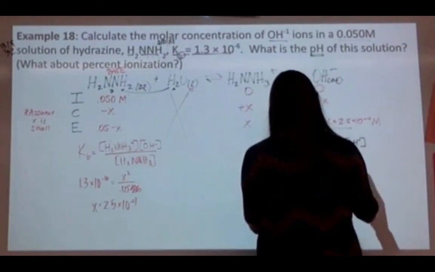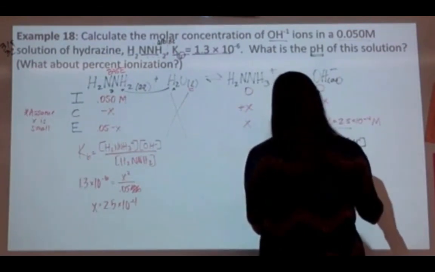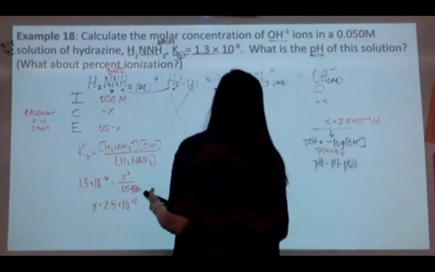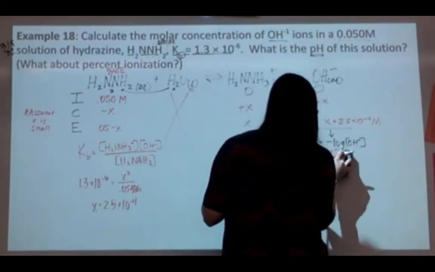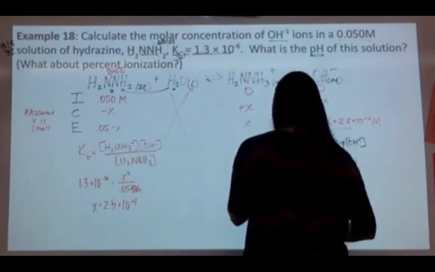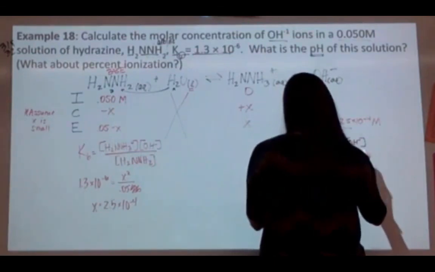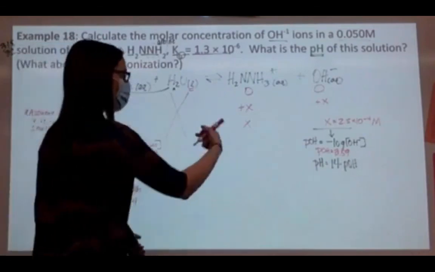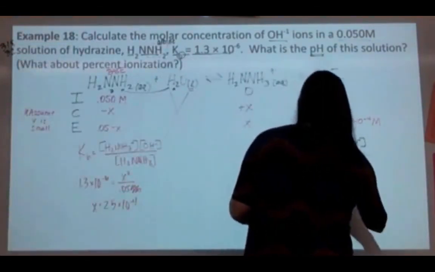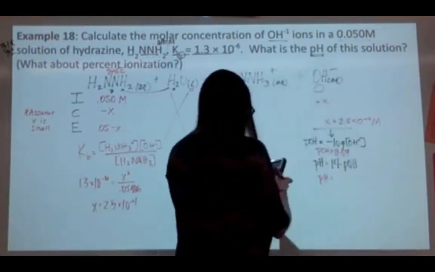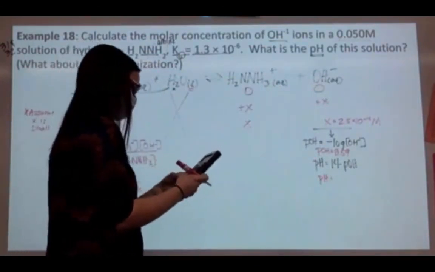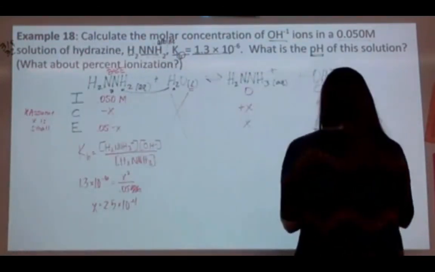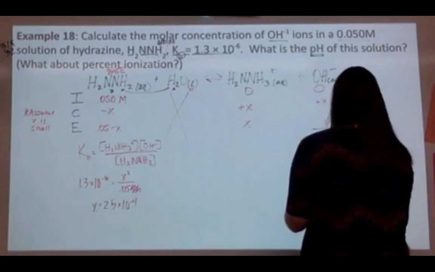Here's where labeling becomes very important. Oh wait, 2 sig figs means 2 decimal places. So 3.59. This is where writing this has now become helpful, because now I can just do 14 minus 3.59, 10.41.